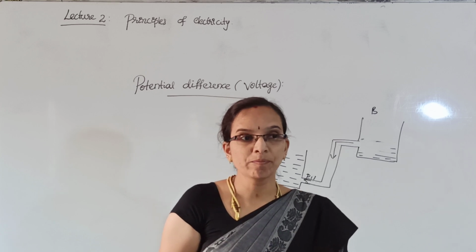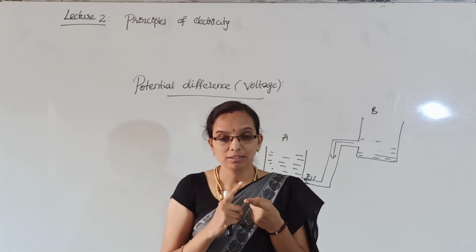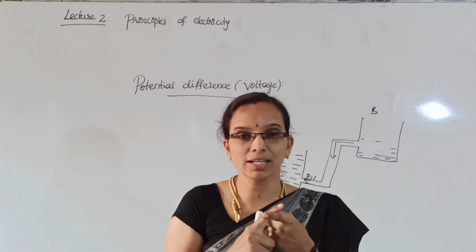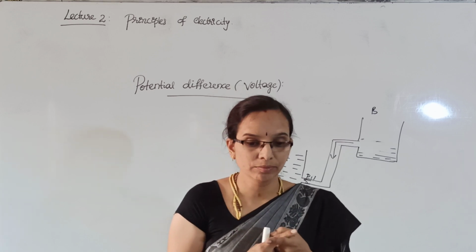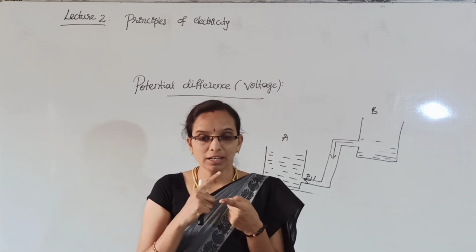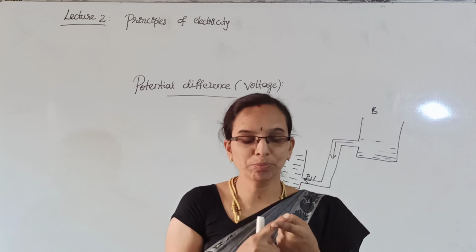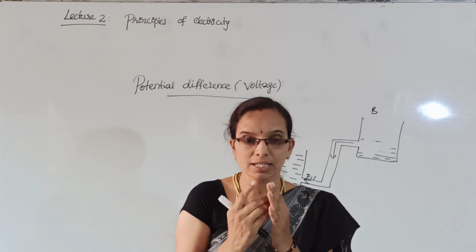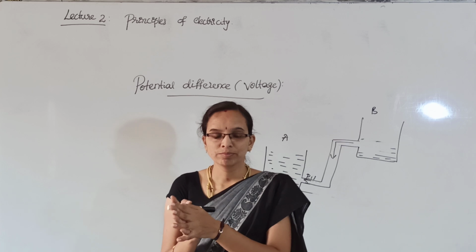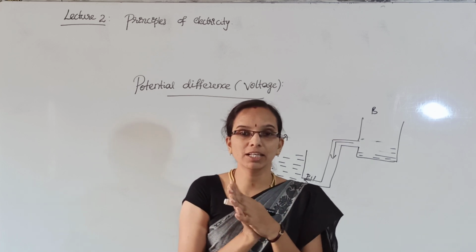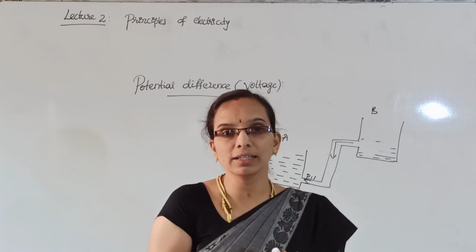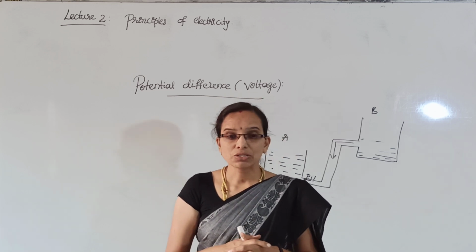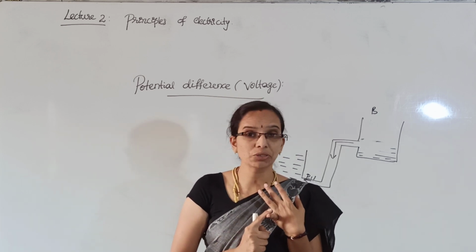In the same way, if you apply voltage, the current will flow. For the current to flow, there should be movement of charges. Charges should flow from one point to another, then you can tell the current is flowing, right? So current needs a path to flow.